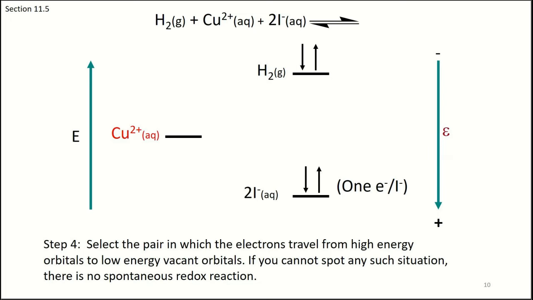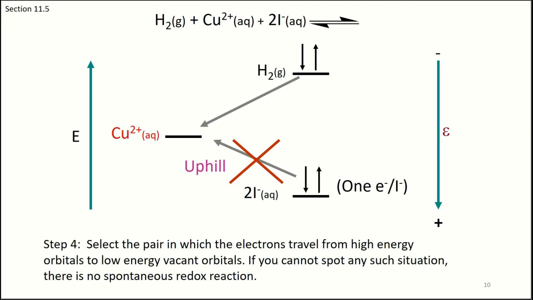If I start with my iodide ions, I would be looking at a transition of electrons from lower energy up to an empty orbital that is higher in energy. And we know that this is not a spontaneous movement of electrons. However, if I look at the hydrogen gas, I see that I have electrons of higher energy that can move to an orbital of lower energy that exists with copper 2+.